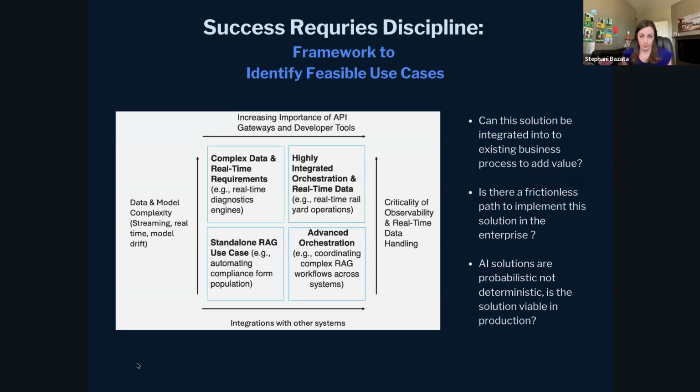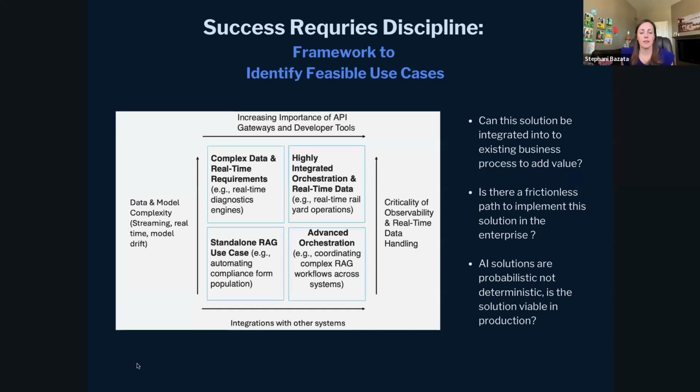When I think of the box here, I'm going to walk you through it fairly quickly, but it's a way to think about what you need to be thinking about from a platform and capability standpoint to match your aspirations for getting to a highly integrated, orchestrated, real-time agentic AI system.